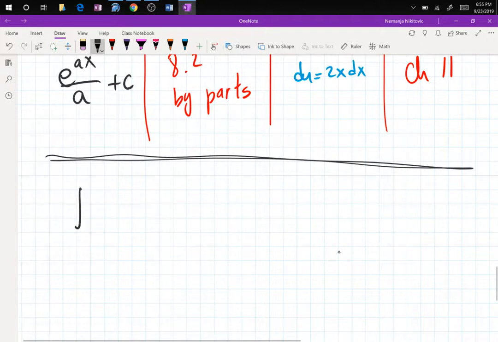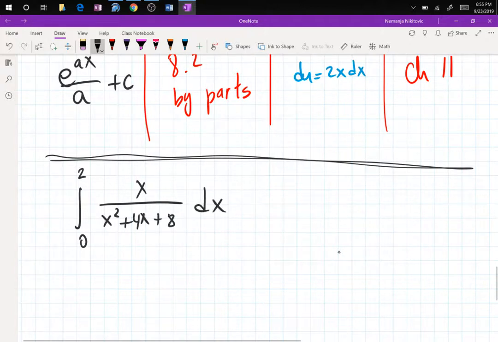So say you have the integral from 0 to 2 of x divided by x squared plus 4x plus 8 dx. Can we do division here?